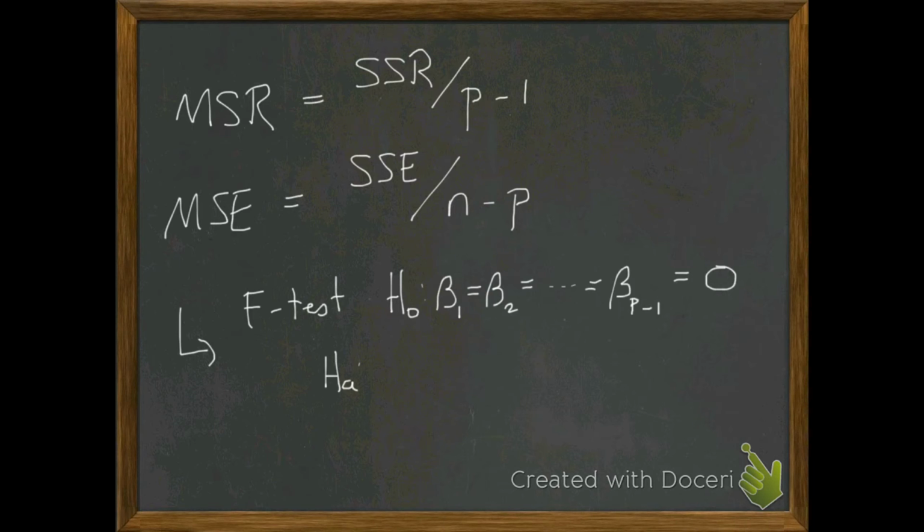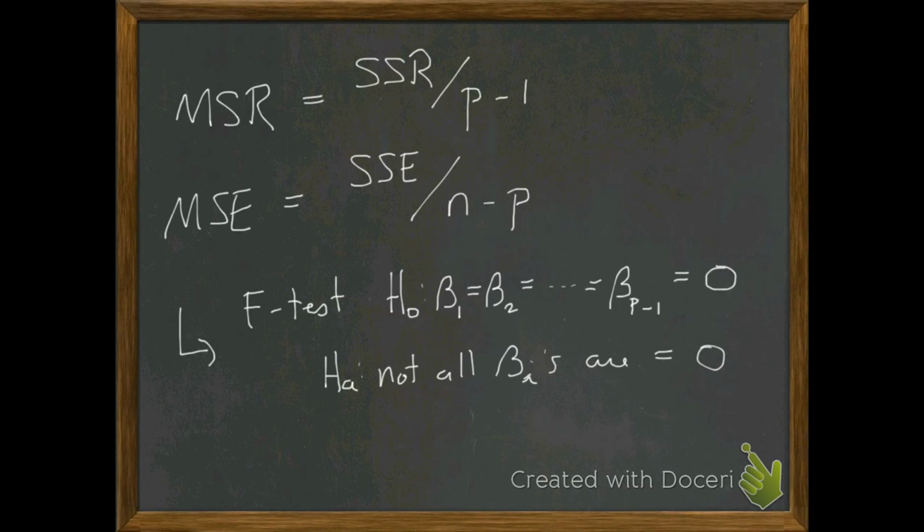H sub a says not all beta sub i's are equal to 0.